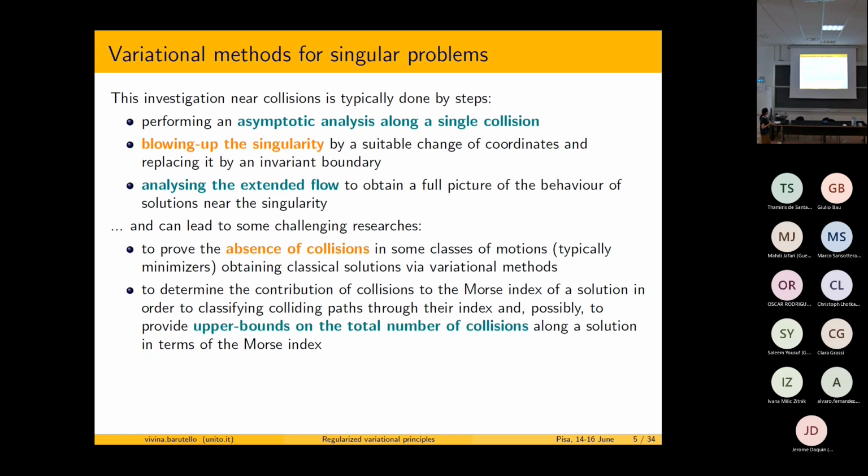And you can prove this absence of collisions, and so you can prove that your solution found by variational methods is a real solution of the dynamical system. You can try to do this proof by level estimates or by other interesting stuff. So, for instance, Marshall lemma.